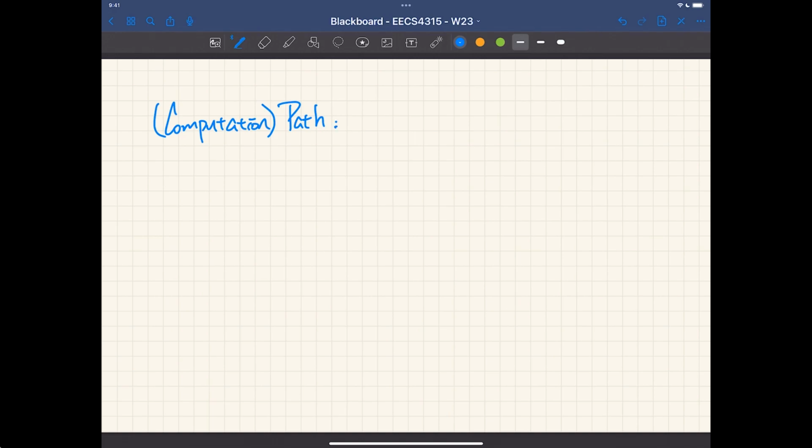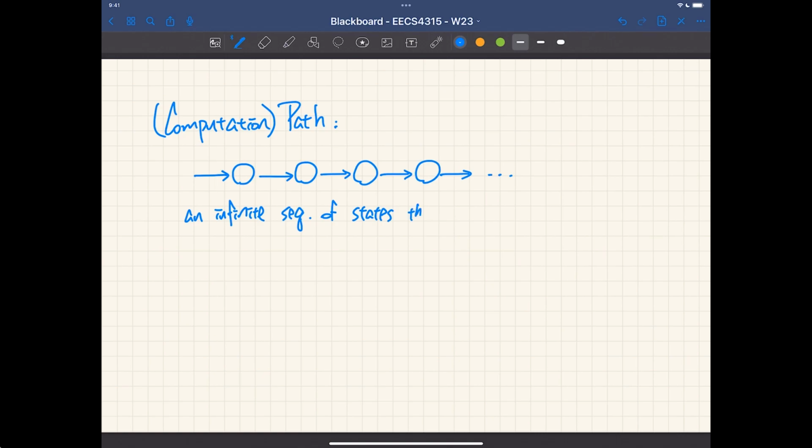Think about it: it's simply a sequence of states, an infinite sequence of states that models the time, which always continues. And this is also why model checking is very natural for reactive systems.